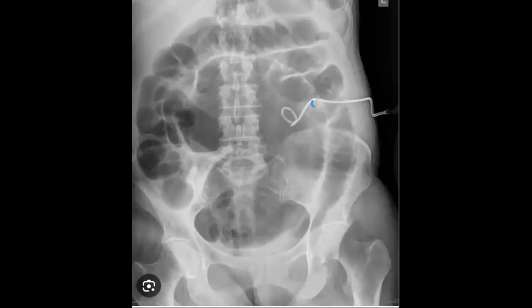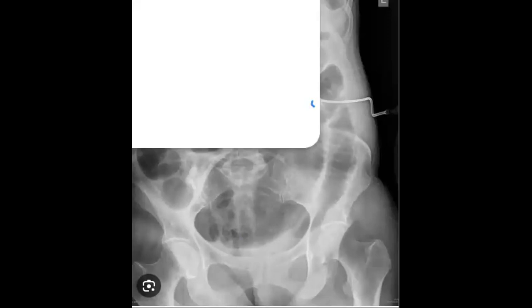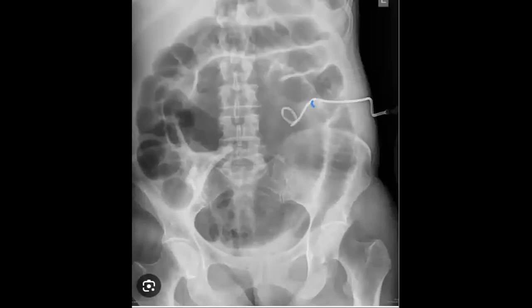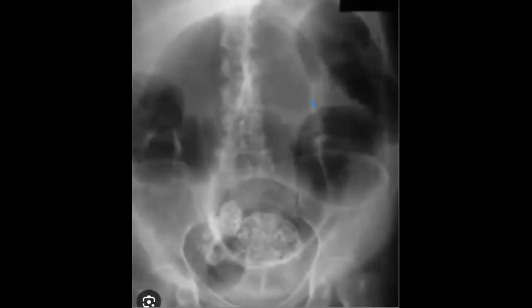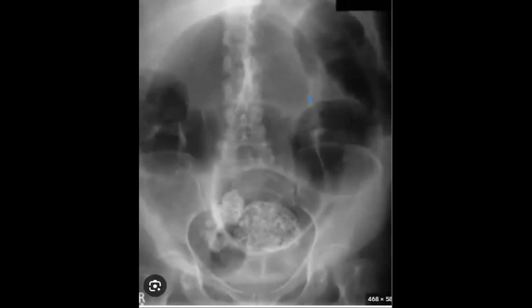And if you go to check for the sigmoid volvulus, you will find that usually there is absent air in the rectum. And if there is a volvulus, there will be dilatation of the whole colon. And the sigmoid volvulus is most common, especially in the adult, and more critical.